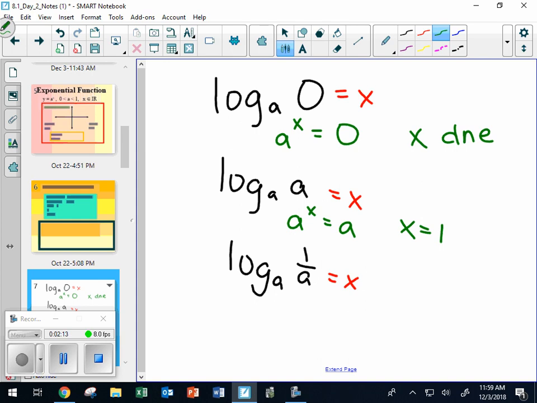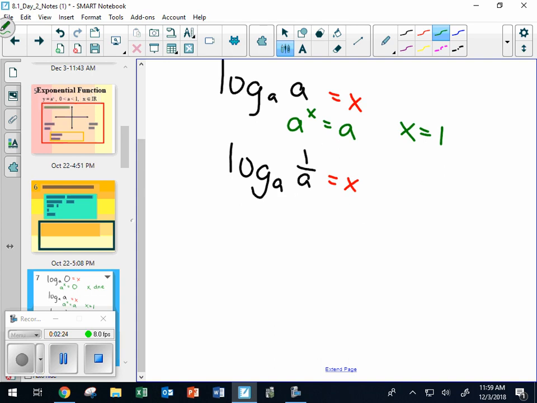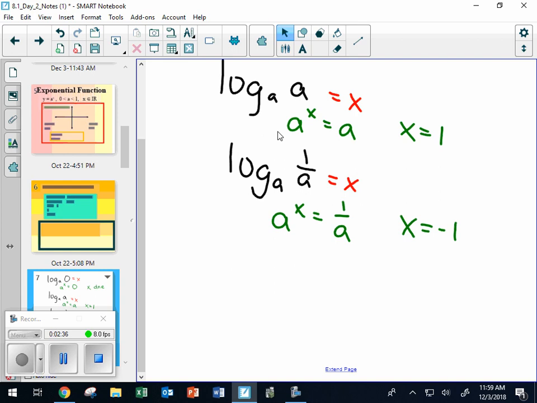Okay, would you like to call on somebody? Row 2, person 1. X equals -1. What is the exponential form first? Okay, so from a to the x equals 1 over a, you've got that x is equal to -1.